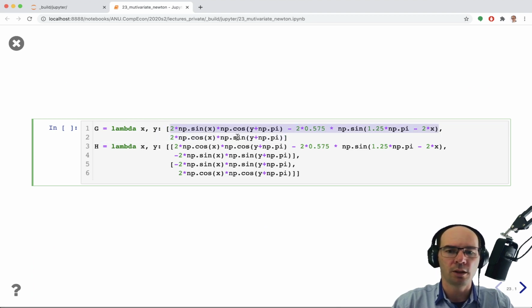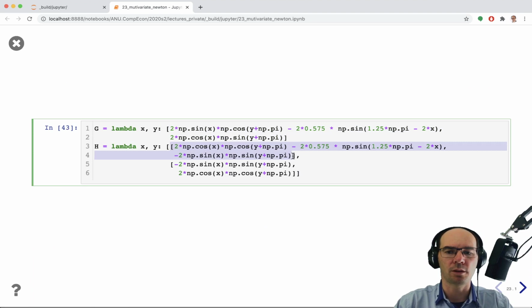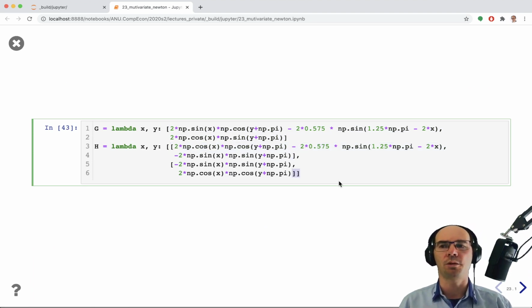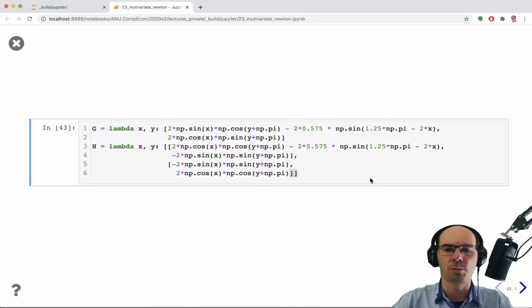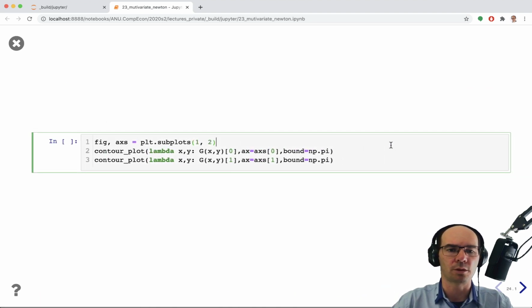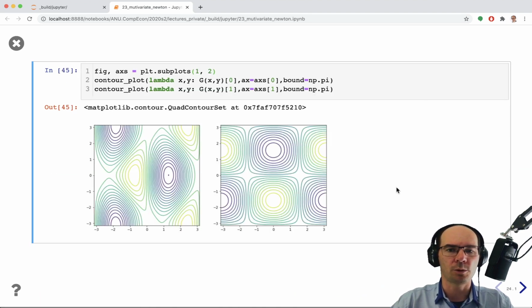One is here, and another one is here, and they're just combined into a list. And here it's a double list. It's a list of lists because of these double brackets. And of course, you can already see that this will be easy to convert to NumPy arrays later, because we want to do matrix operations on them. Some more plots.